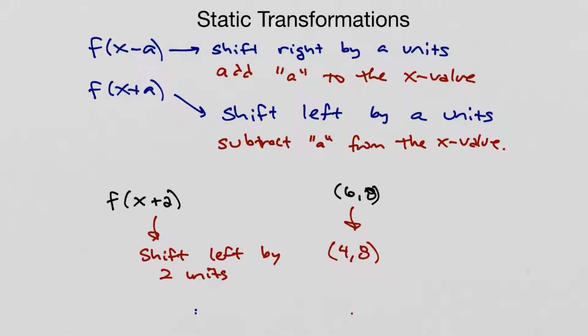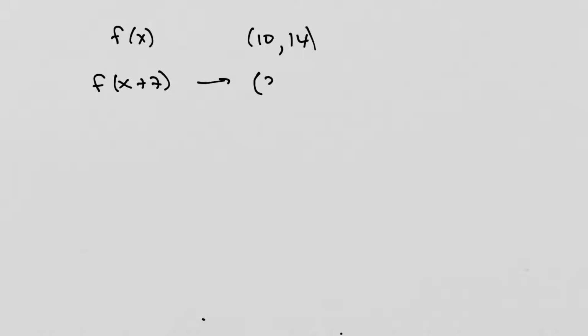All right, so let's practice a few more of these things. If I gave you this particular function, f of x, and how about the function 10, 14 is on that function? Where will f of x plus 7 go? Well, that tells me to shift it 7 units to the left, so that becomes 3, 14. Okay. What about f of x minus 2?